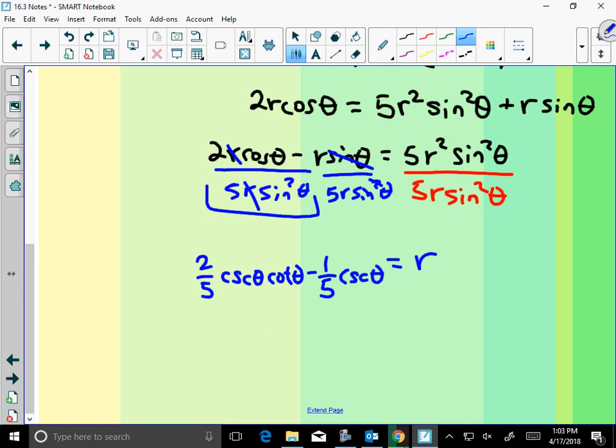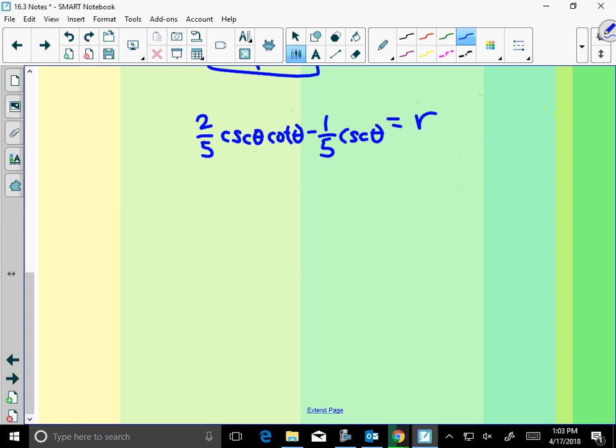The other way you could do this is you could go ahead and factor out what? Cosecant theta, which would leave you with 2/5 cotangent theta minus 1/5. Either of those two would be like a difficult R3 slash R4. Like this is pretty extreme.